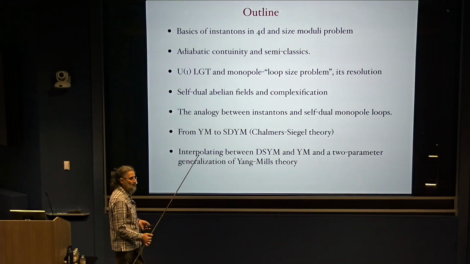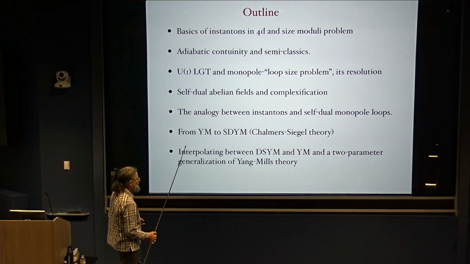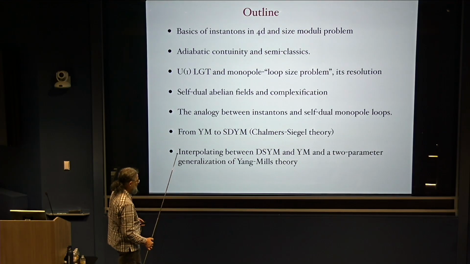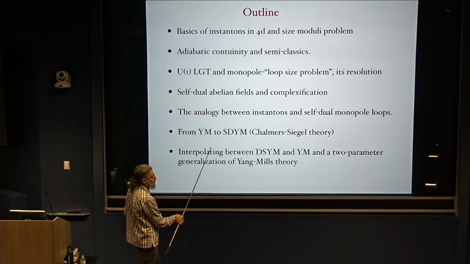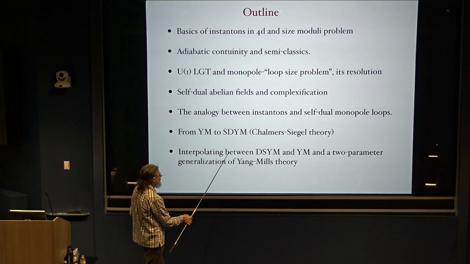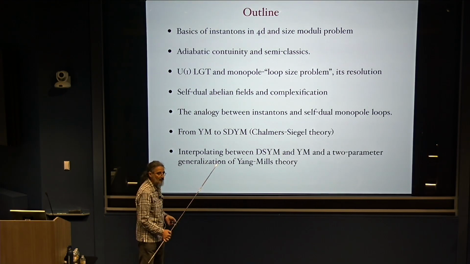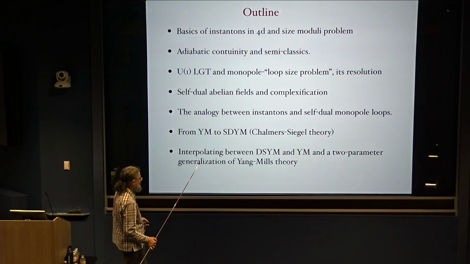The final part of the talk is something that took me by surprise after I completed this part and published the paper. That's something I started to understand. There is this Yang-Mills theory, and there is also something called self-dual Yang-Mills theory. It's also called Chalmers-Siegel theory, which is essentially the self-dual sector of the Yang-Mills theory.